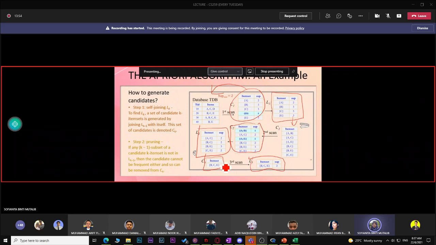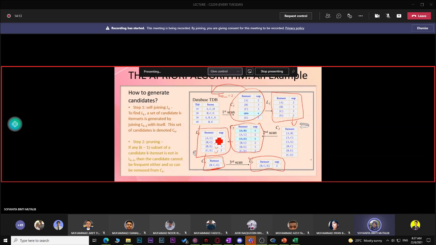Remember why BCE? Only BCE occurs because BCE is the superset. What are the subsets of BCE? BC, BE, and CE all occur as frequent.